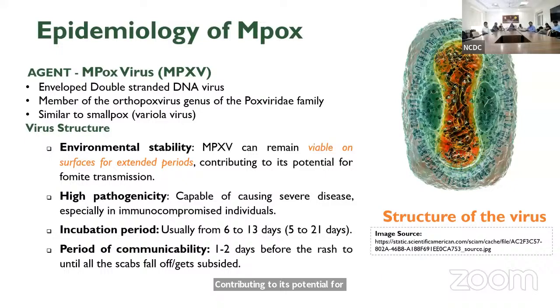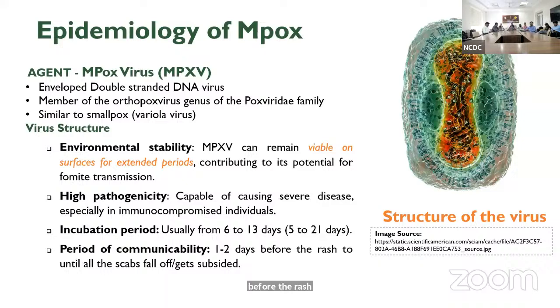High pathogenicity: it is capable of causing severe disease, especially in immunocompromised individuals. The incubation period is 6 to 13 days with a range of 5 to 21 days. The period of communicability is 1 to 2 days before the rash until all the scabs fall off.